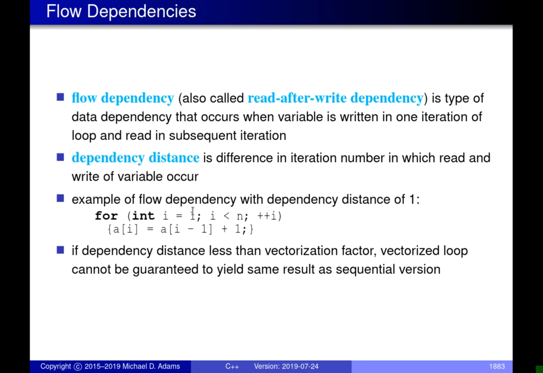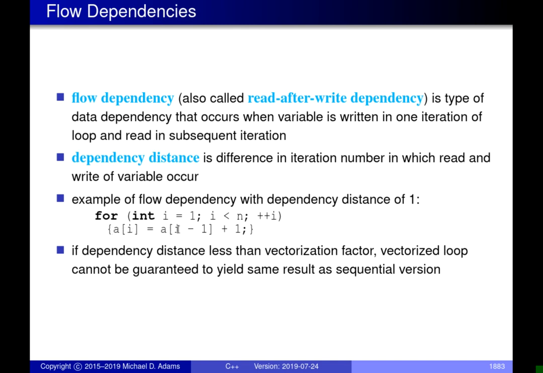So in this code example, we have a loop. We're looping from i equal 1 up to, but not including, n, and we're performing this computation in the body of the loop. What you can see is that in iteration i, we're going to be reading a value that was written in an earlier iteration of the loop, because the thing that's being written is index i.